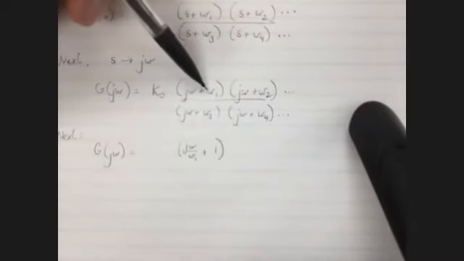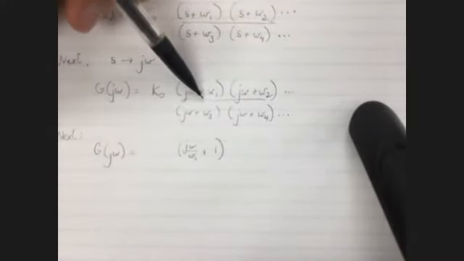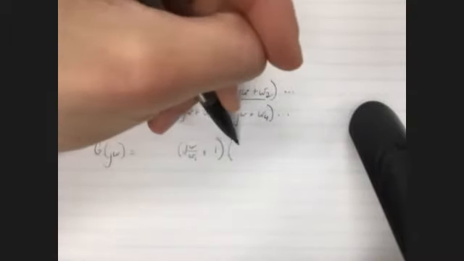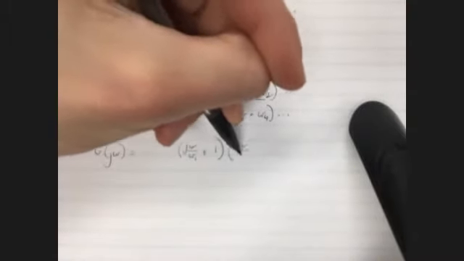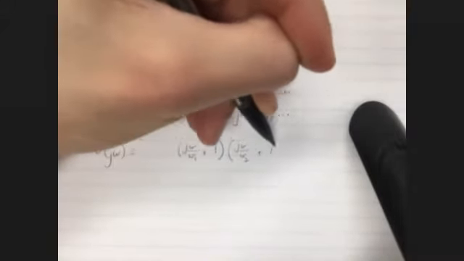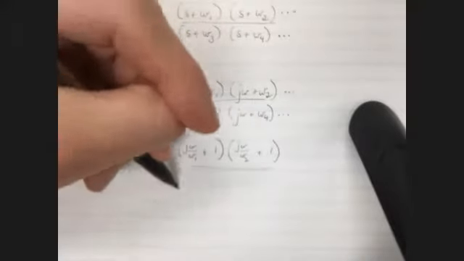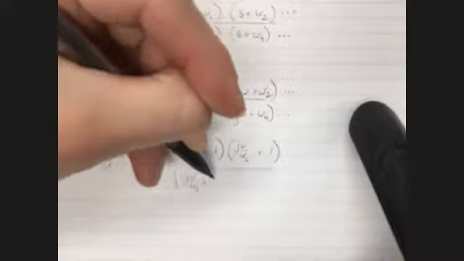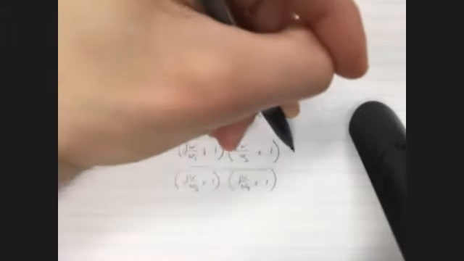We divided by omega 1 so as to get 1 plus j omega over omega 1. Same for this one, we divide by omega 2, so you get j omega over omega 2 plus 1. And same for the bottom, j omega over omega 3 plus 1, j omega over omega 4 plus 1, and so on.